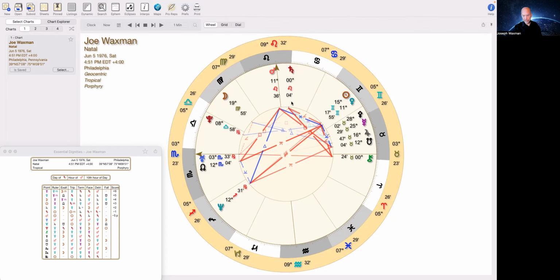Sun has a semi-square to Saturn and Chiron, and it's part of a midpoint. Sun is the midpoint between Chiron and Saturn. So there's a square here, right?